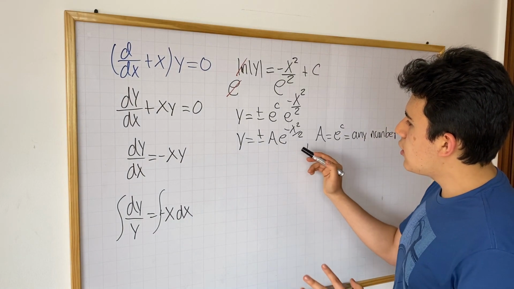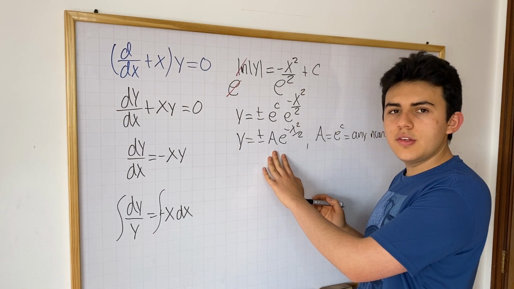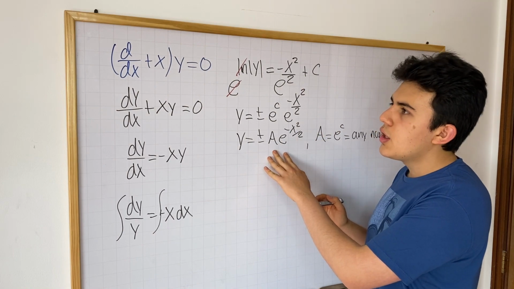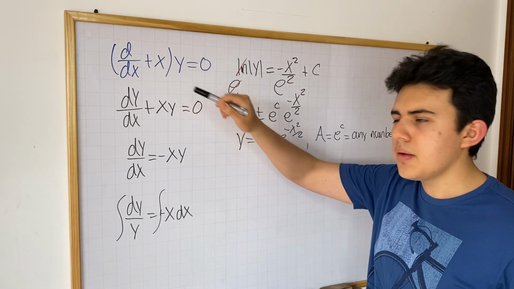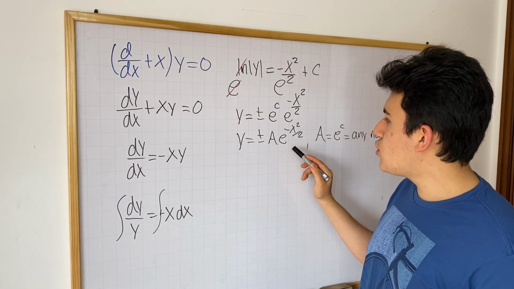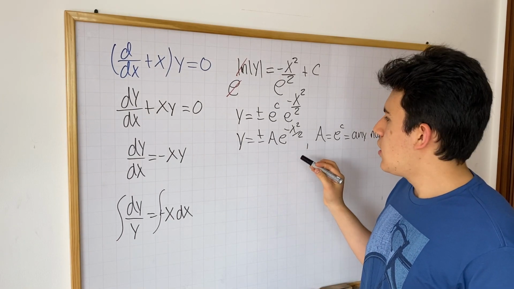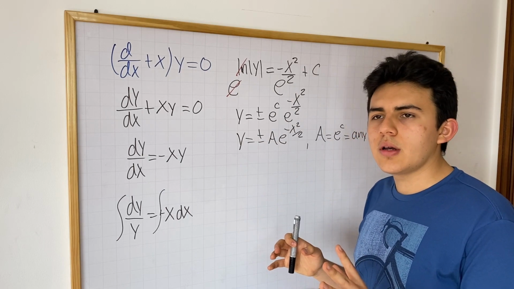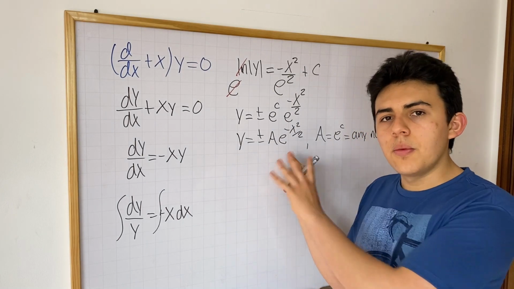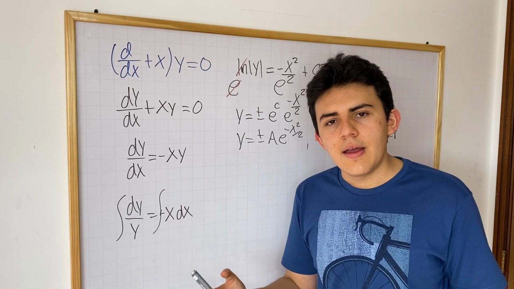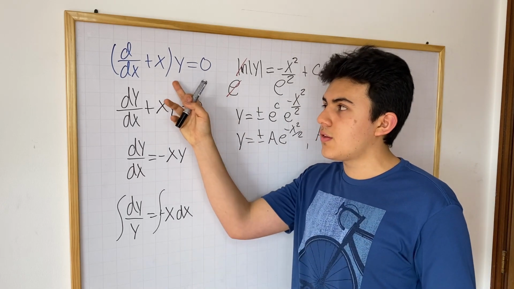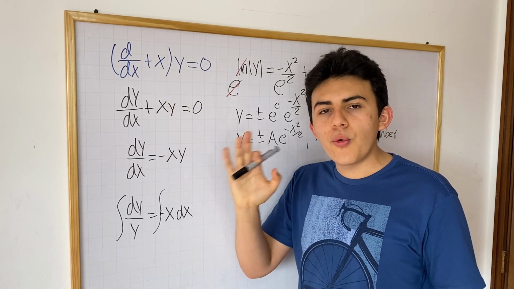So now this would be the family of solutions. This would be the general solution to this differential equation, okay? Now this solution is pretty interesting because, from this solution, you cannot interpret that another solution to this original differential equation is y equals 0.